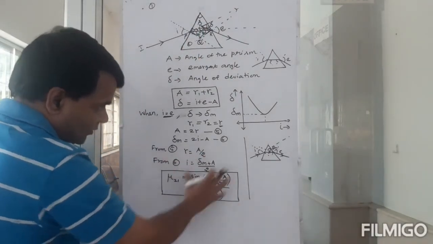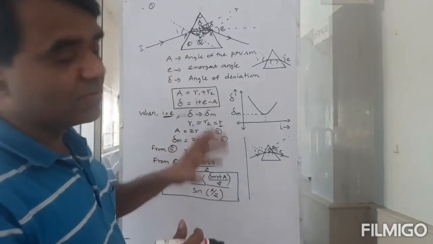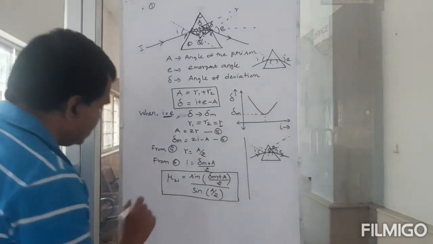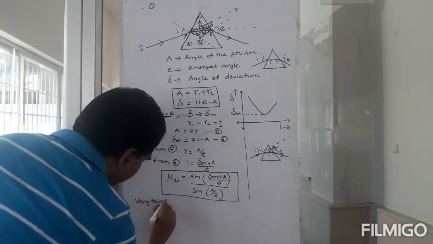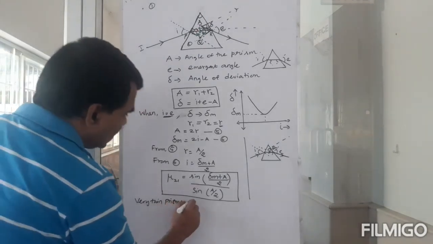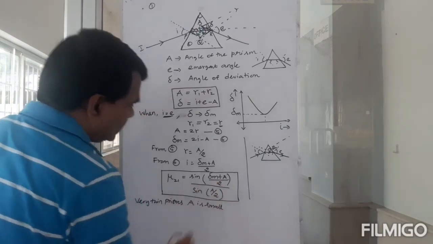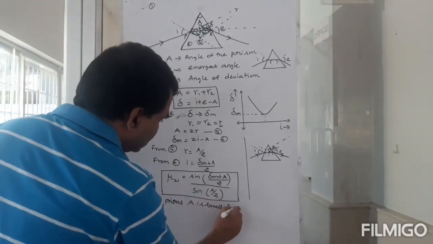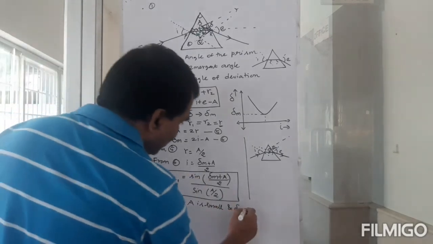This is a general equation. This is for all prisms. But for very thin prisms, A is small and delta M will also be small.